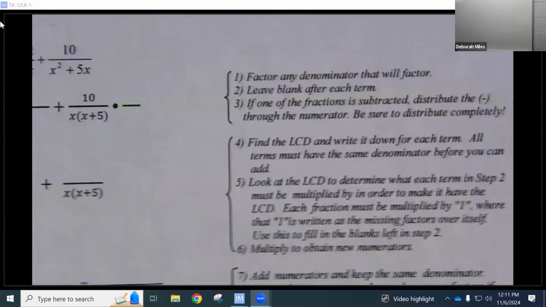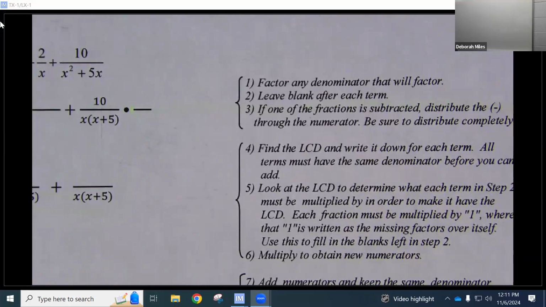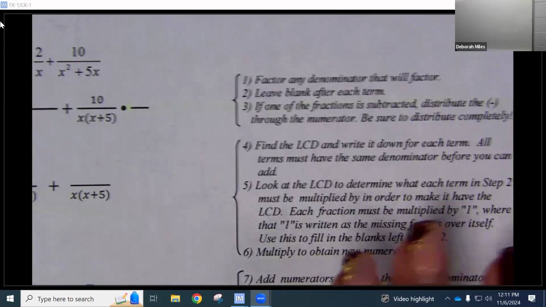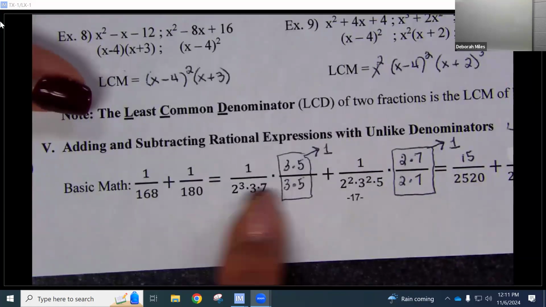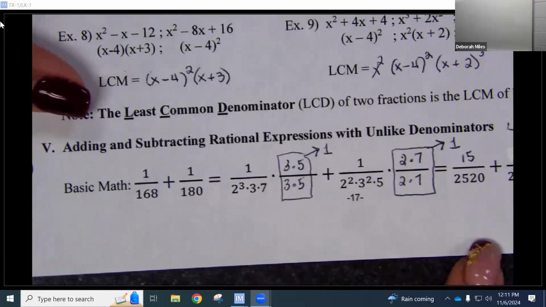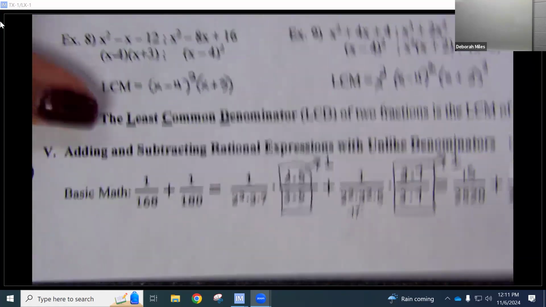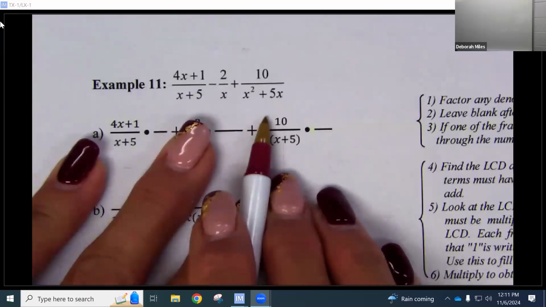But what I typed for you on the back is those very same steps. And they make more sense when you're looking at an example. If you look at those words and this example, you'll see that we did exactly what those words say. So let's try this on an algebra problem.